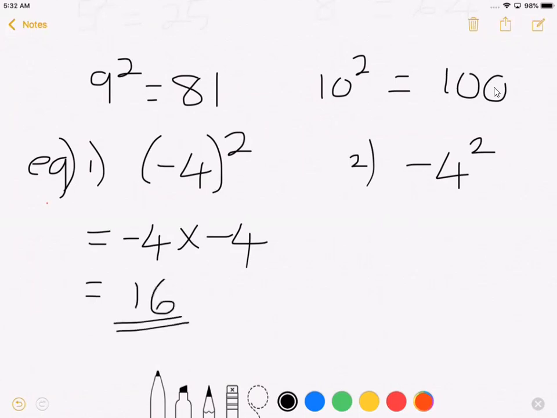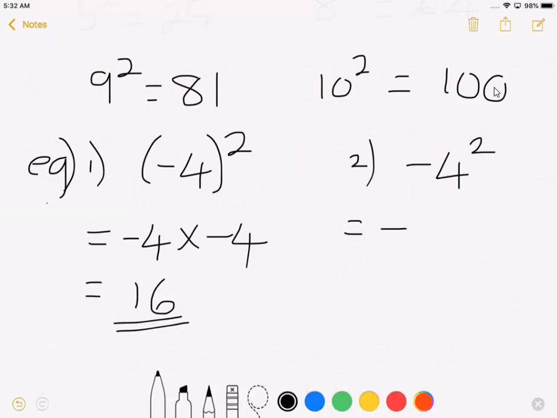And the second one is minus 4 to the power of 2, or minus 4 squared. In this one, the minus is not being affected by the square. So you bring it down as it is, because I'm not squaring the minus. What I am squaring here is only 4.